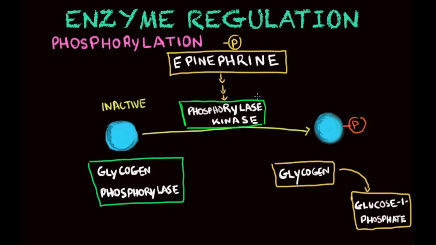And now, once this phosphate group is added to the glycogen phosphorylase, it's active. And once it's active, then glycogen can go into glucose 1-phosphate, and of course now to glucose, until it's in the energy form that the body needs.